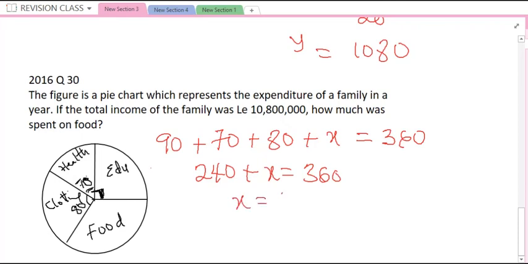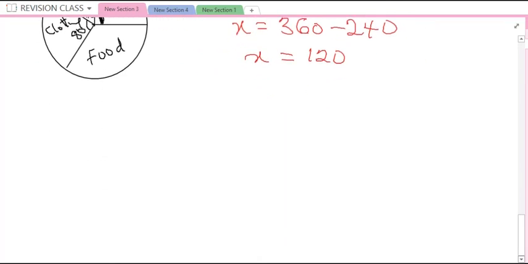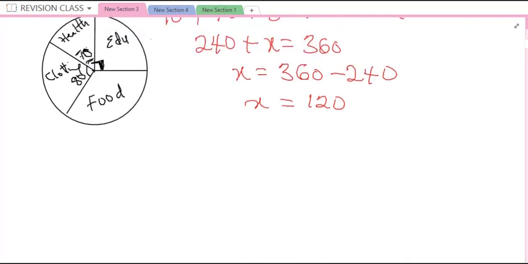So x would be 360 degrees minus 240, that will be 120. But this is not what the question asks us. We have gotten the sector angle for food.